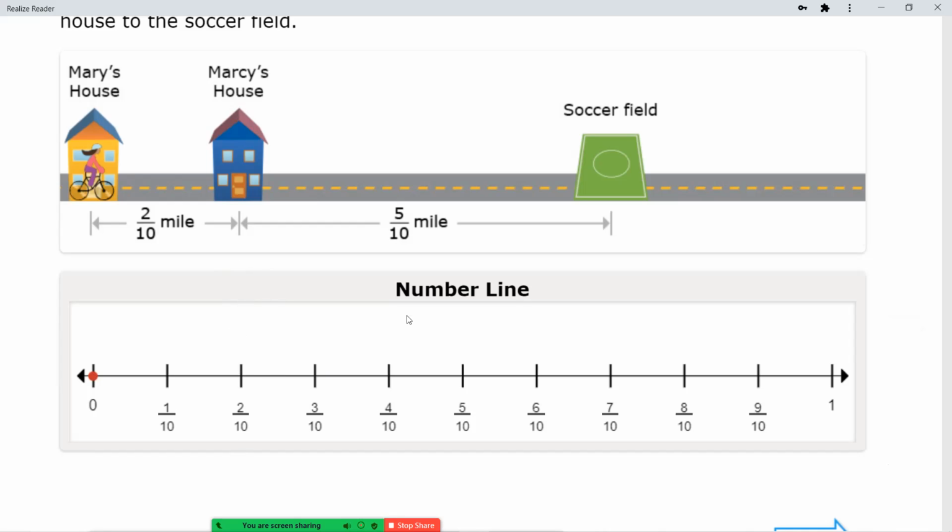So 1, 2, 3, 4, 5 spaces lands us over here at 7/10 because we know we're working in groups of tenths, right? So our denominator stays the same. We're going to focus on just our numerator. Now, if we have 2 parts of 10 and we want to add 5 more parts of 10, altogether we have 7 parts of 10.